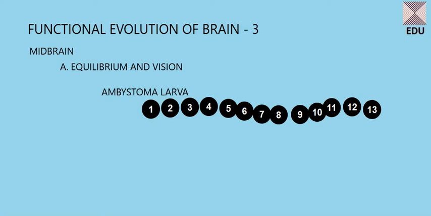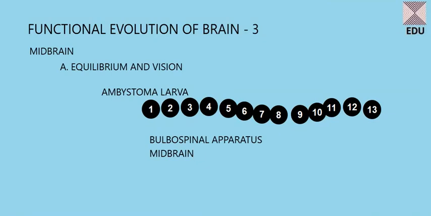What the scientists have seen is that there is a part in the larva which is called the bulbospinal apparatus, and this bulbospinal apparatus is in connection with the midbrain. So this is a part of the midbrain.